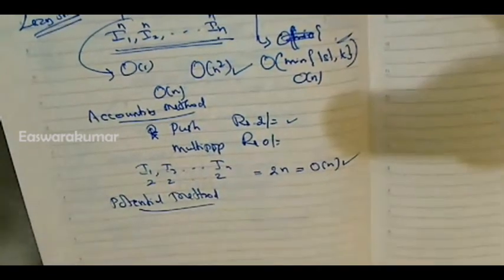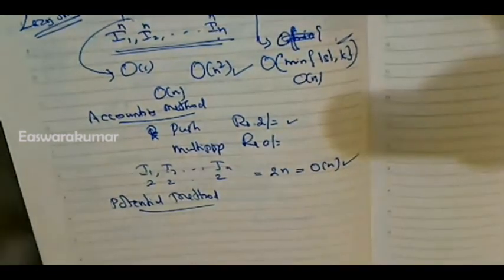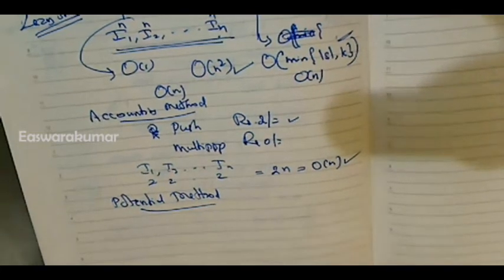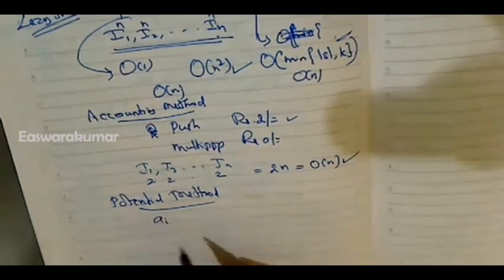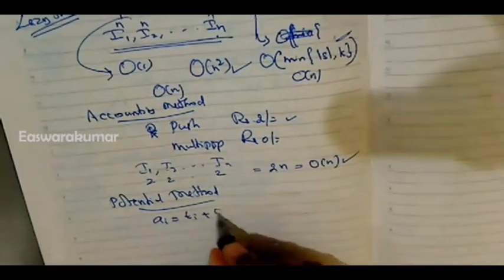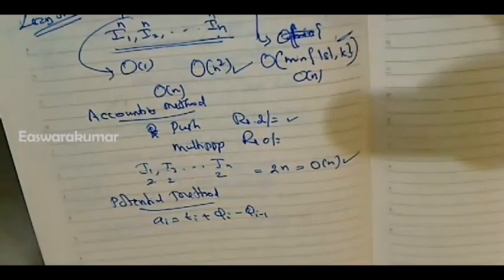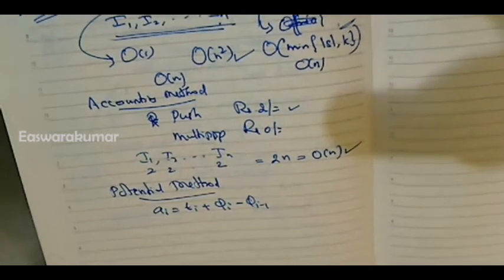You might have seen in physics potential energy, kinetic energy, and sometimes potential difference. Let us not go into that. In the potential method, I define the amortized cost A_i = T_i + pi_i - pi_(i-1). First, let me give the formula, then we can go further.